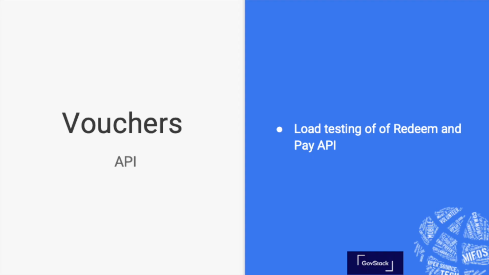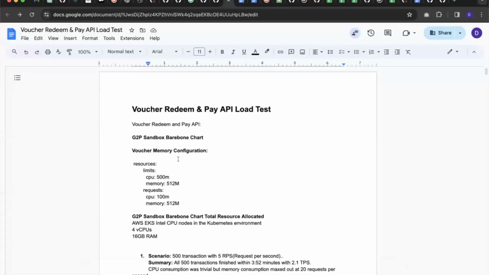So now we'll show you how load testing was done on the redeem and pay API for the vouchers. Here are some Word docs that contain the load test and its results. This includes APIs like voucher redemption and pay, as well as the batch transaction API.